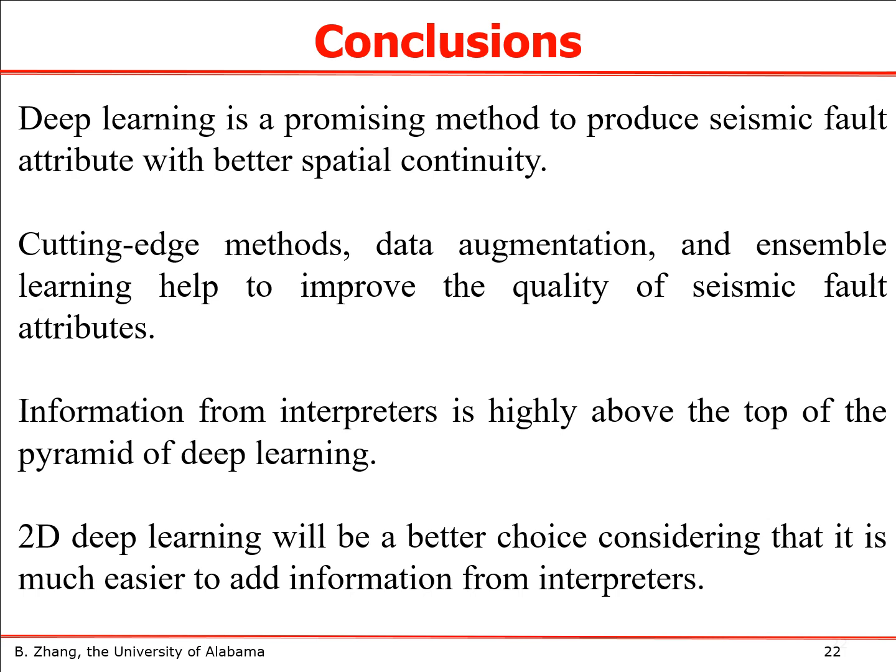However, we strongly argue that the information from interpreters is at the top of the pyramid of deep learning, which means we should include information from the real seismic data in the deep learning.